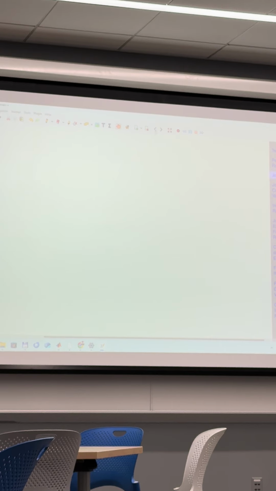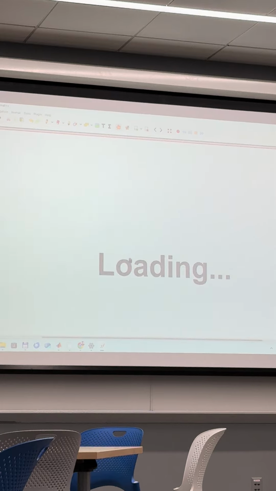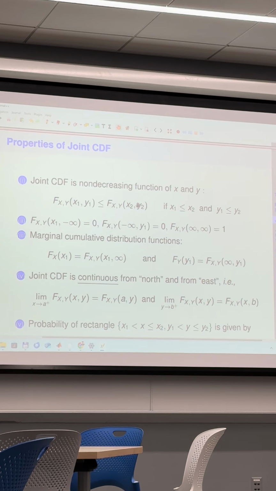That way you see what the CDF looks like. It is a surface that goes from 0 and keeps going. So that's why you see that it is non-decreasing.